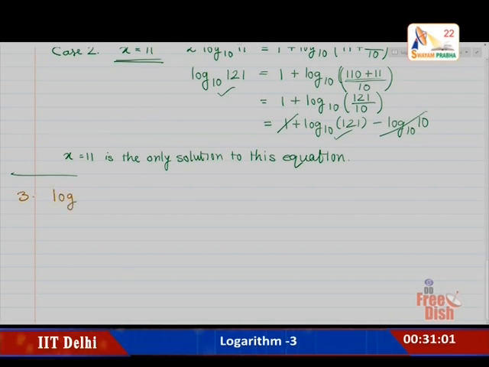Now we will try to see the relationship in two variables. Suppose you have been given a question, log of x plus y upon 6 is equal to half times log of x plus log of y.